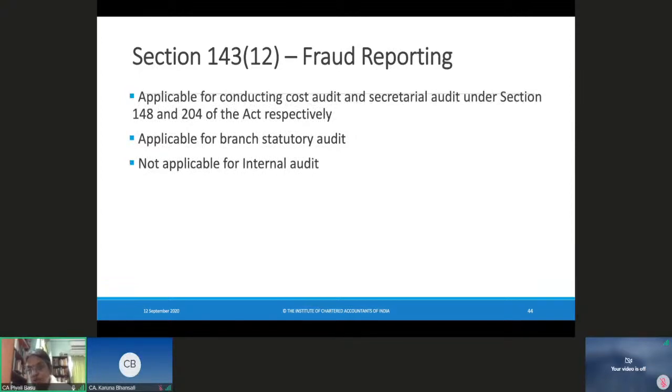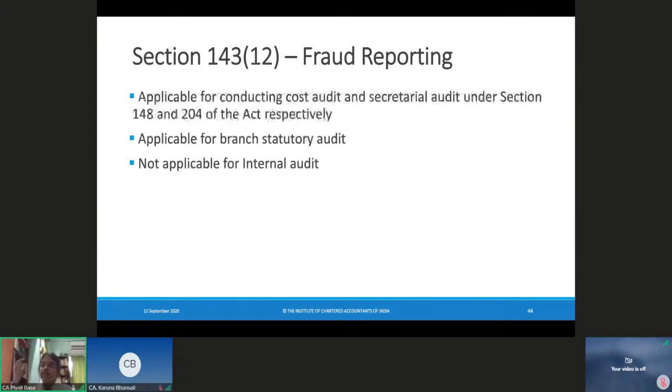So the question is, should the auditor report such a fraud? Now, if the fraud is suspected to be perpetrated by employees of the company against the company, it has to be reported. A report under section 143 arises only if a suspected offence of fraud is being or has been committed in the company by the officers or employees.